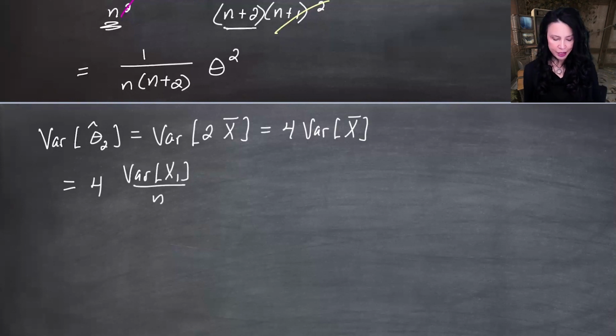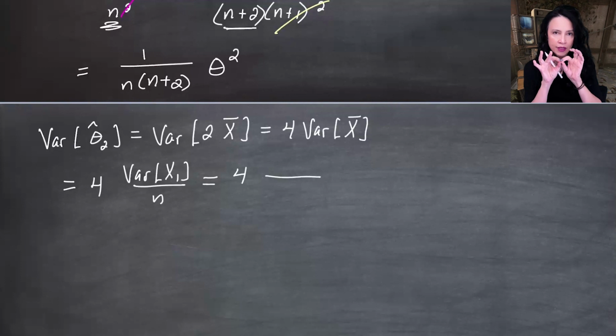Unless I specifically ask you to work that out from scratch, you can go to the table. For the uniform with length beta for the interval, you'll see in the table, the variance is beta squared over 12. If you need practice, you can work that one out. So in our case, theta squared over 12.